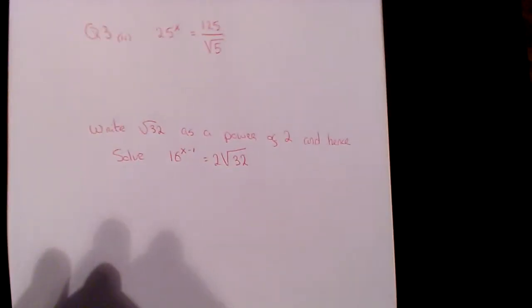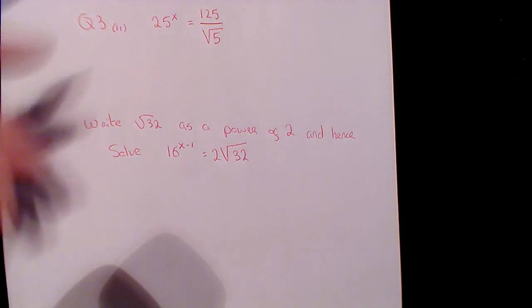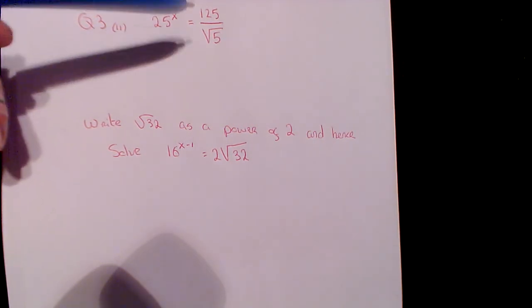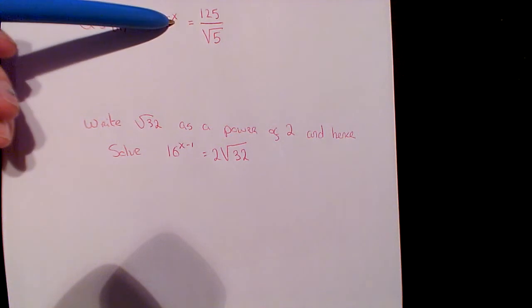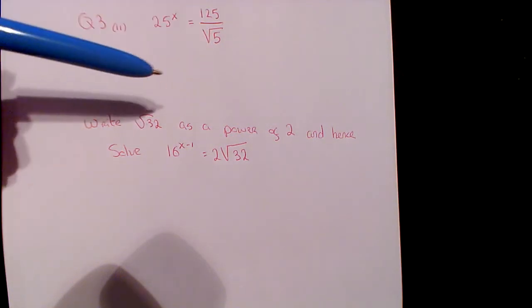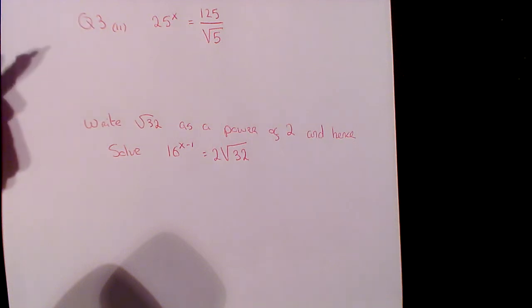Okay guys, so now we're going on to solving these algebraic equations with indices. So here we have 25 to the power of x equals 125 over root 5. I suppose we're kind of struggling where to start here, right?